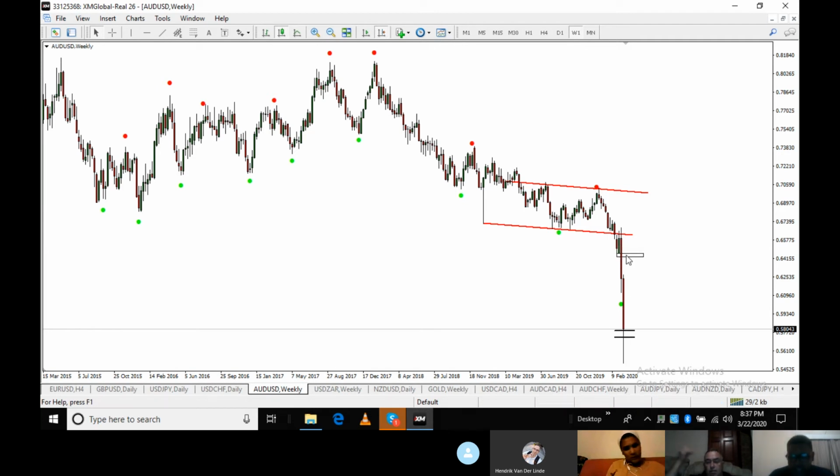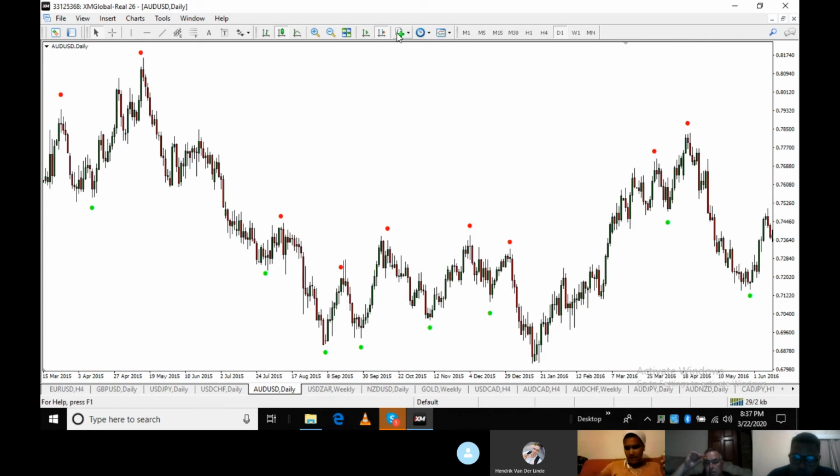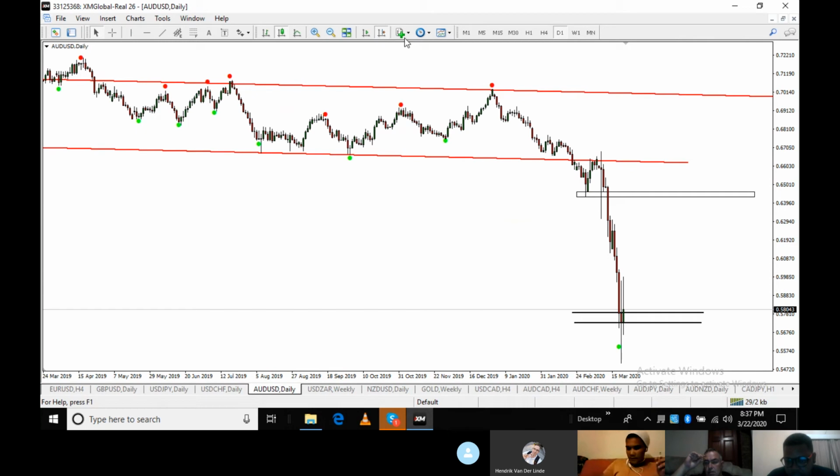It never came back to retest this low that it created after jumping out of this price channel. You will see it more clearly on daily. After this low, it jumps up to retest what it broke out of, and then it keeps falling without an attempt to retest here.